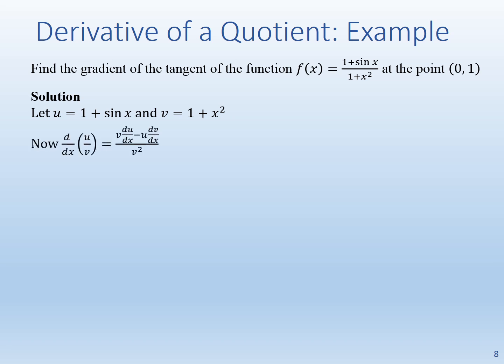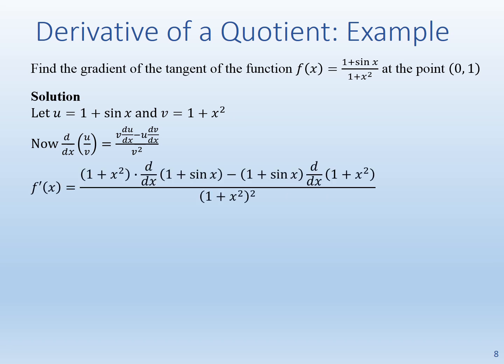So then we can apply the quotient rule directly and put our v's and u's in. Our v is our 1 plus x squared, and we want to differentiate the u, which is of course 1 plus sine x, and the u is 1 plus sine x, and we want to differentiate the v. And the denominator is v squared.